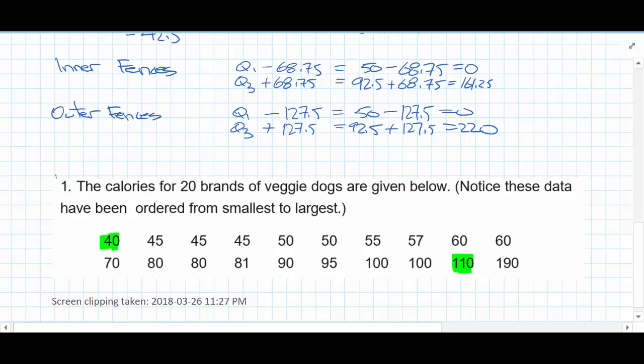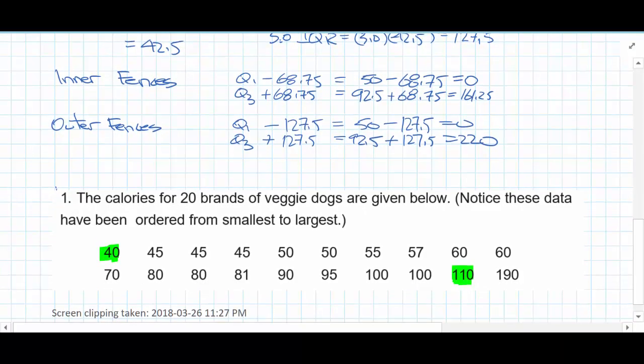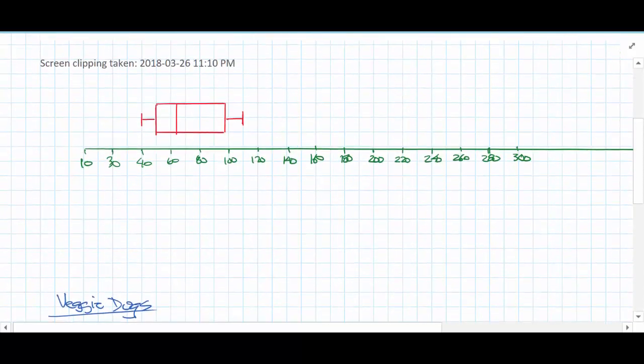Since the inner fence is 0, 40 is the smallest value in our data set that is still inside the lower fence. So 40 becomes the lower whisker, which I've indicated on the modified box plot.